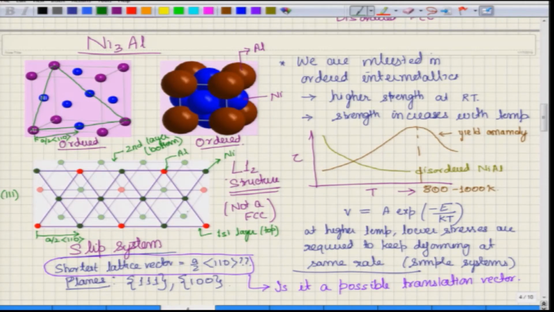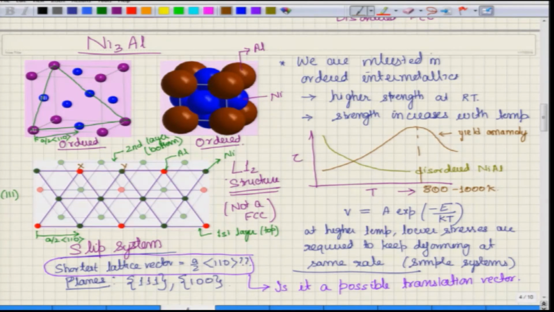Now, what happens? Does everything remain same? Let us look at x atom, x position and y position. Now, as of now what you will see is that x, what is x? It is aluminum, it is surrounded, the nearest neighbors are all green, which means it is nickel. Anywhere you see aluminum atom, the nearest neighbors are nickel.